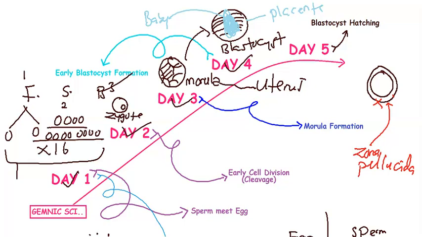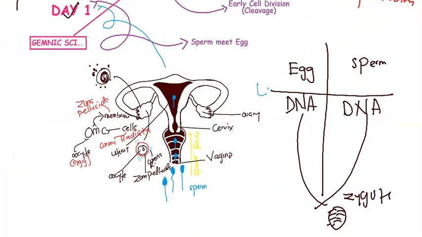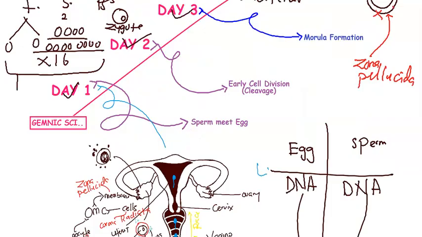We're still on day 5, which is ready for implantation at this point. So the blastocyst will come all the way and attach to the uterine wall, waiting for the next phase. So this concludes the first 5 days of fertilization, from one cell to the blastocyst ready for implantation, in detail.